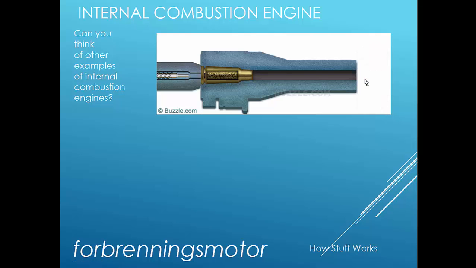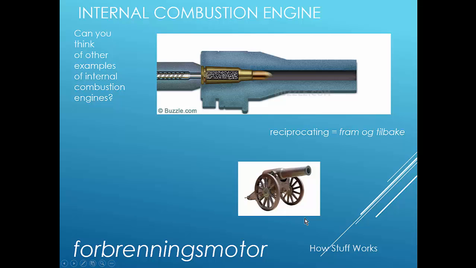So now, to understand the basic idea behind a reciprocating combustion engine and how it works, it's helpful to have a good mental image of how internal combustion works. One good example is an old Revolutionary War cannon.